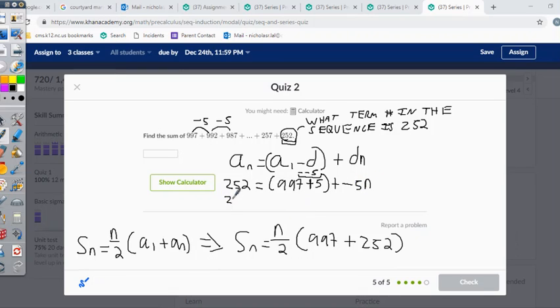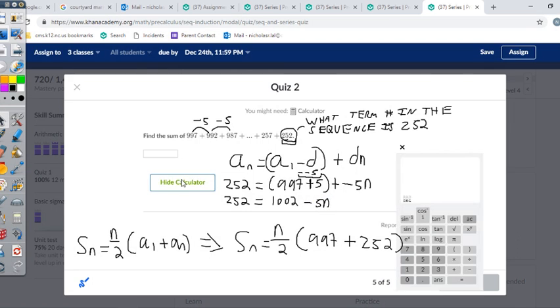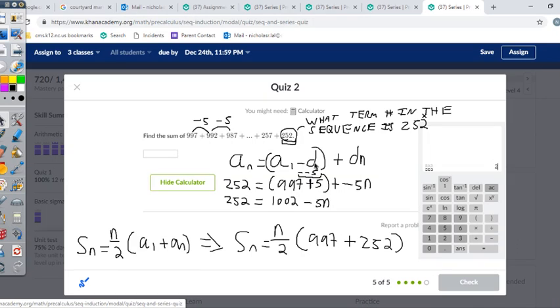So 252 is equal to 1002 minus 5n. So let's get a calculator. 252 minus 1002.